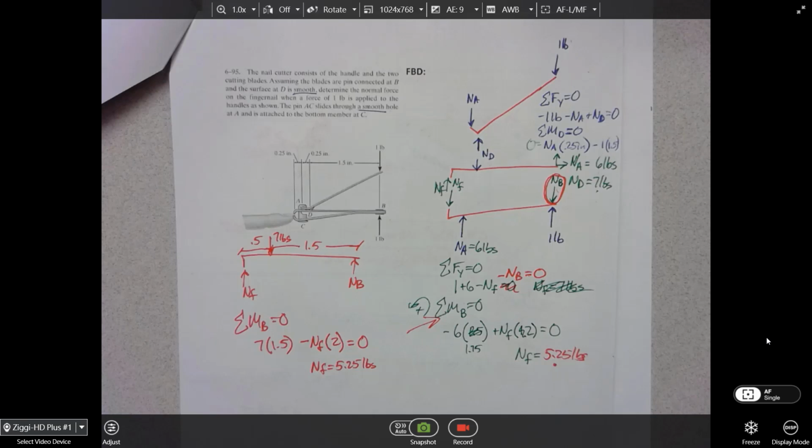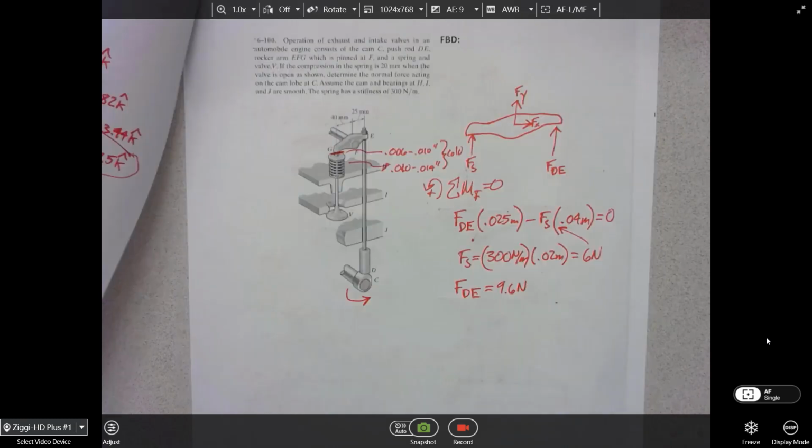Okay, I have one more here from chapter 6 that I wanted to do. It's near and dear to my heart. Okay, 6-100.